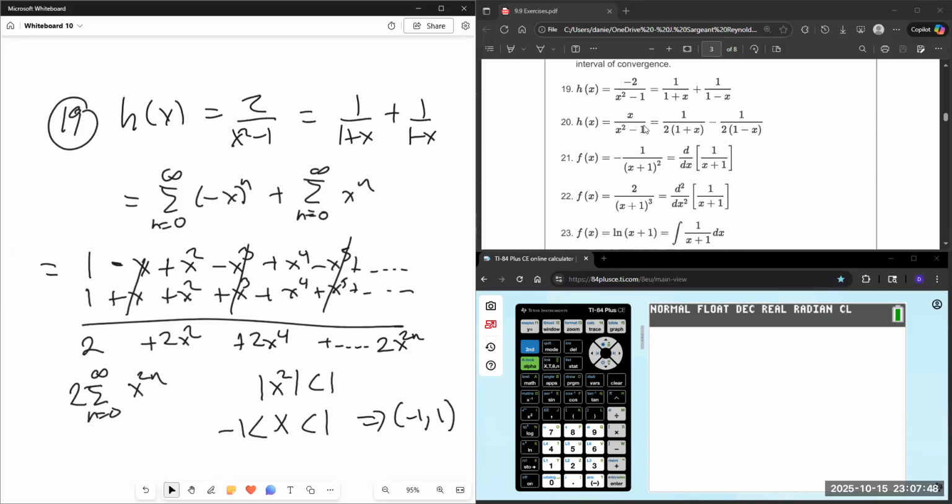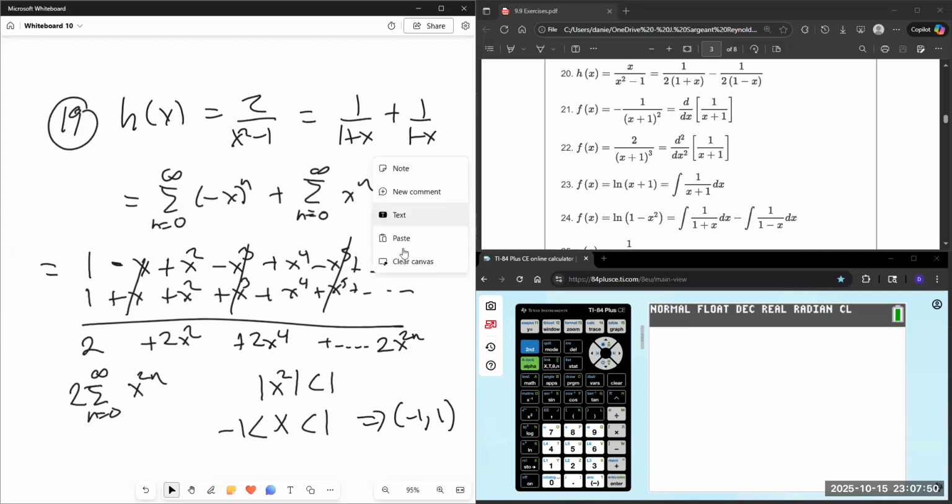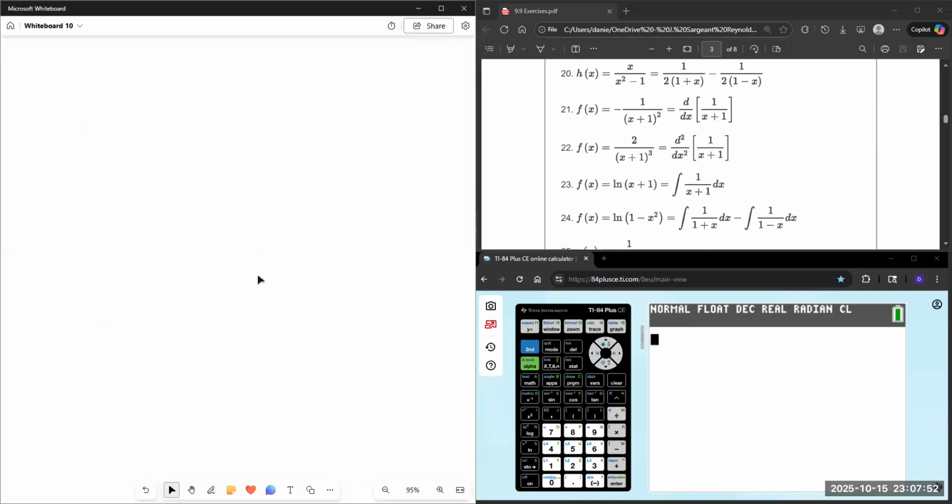Let's look at 23. 23 says f of x is equal to ln of x plus 1, which is equal to the integral of 1 over x plus 1 dx.